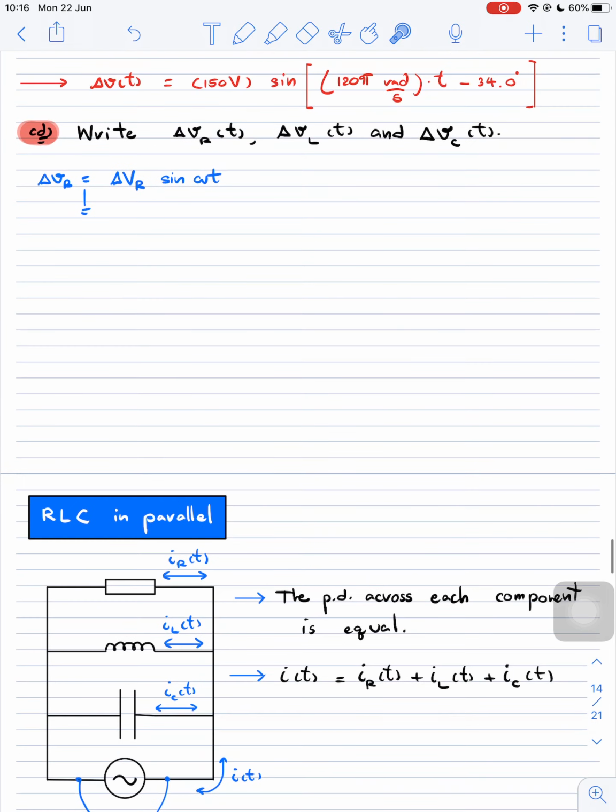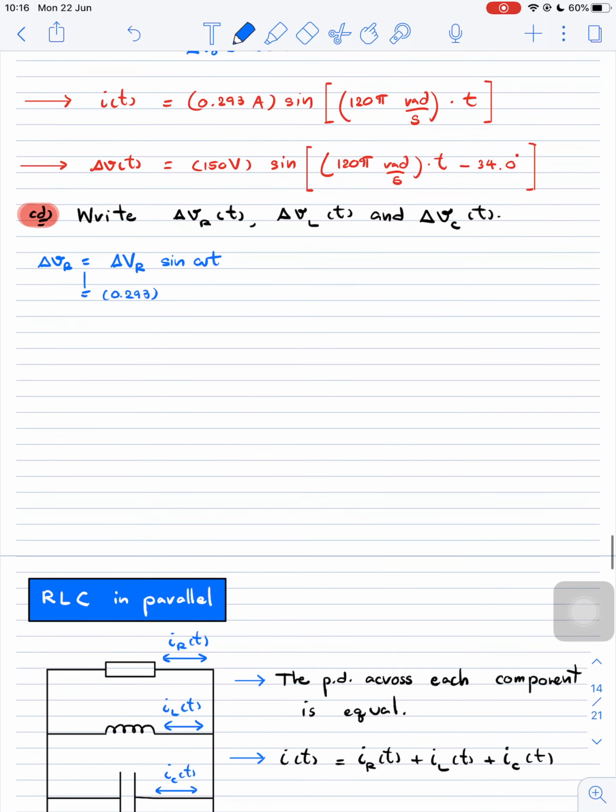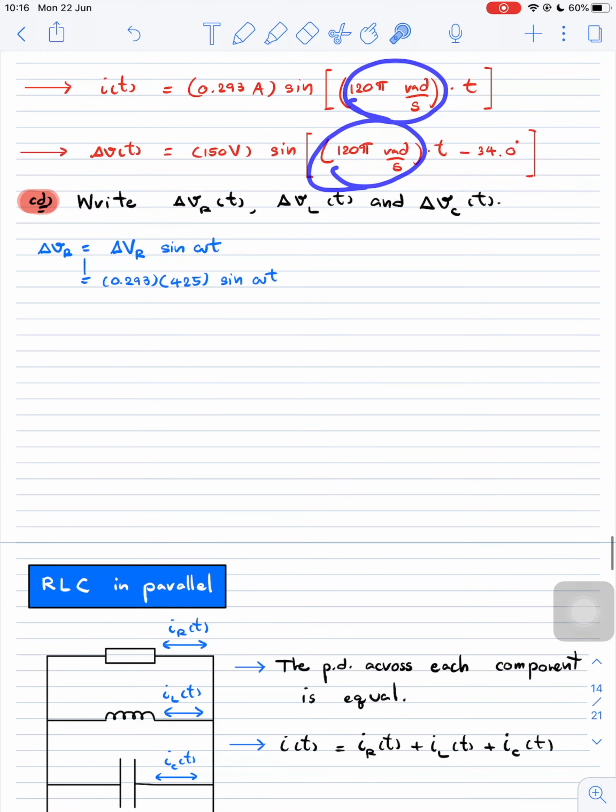We have 0.293 ampere for the maximum current, and the resistance equals 425, times the sine of omega t. I don't need to plug in the omega, so let me just leave it as omega here. Then it equals 124 volts times the sine of omega t. So this is delta VR, the potential difference across the resistance as a function of the time t.